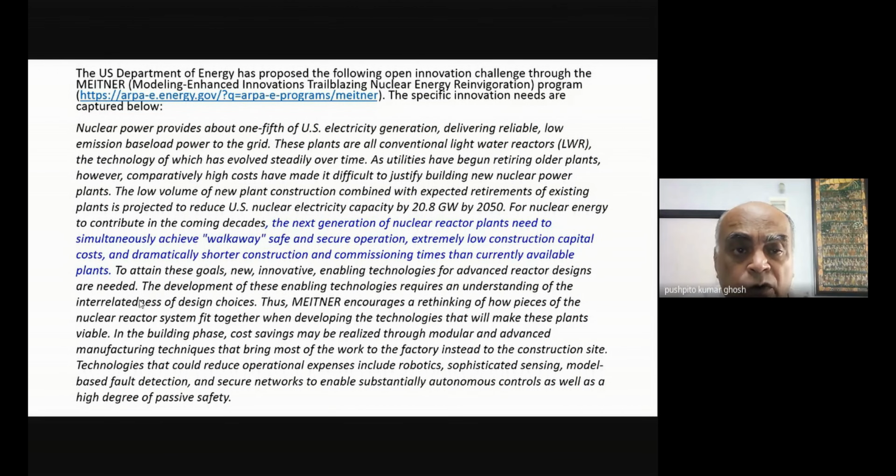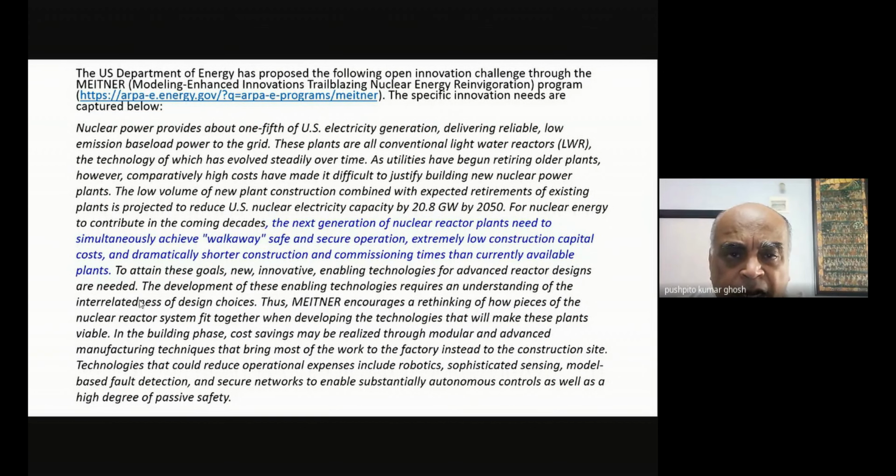Now, at the same time, people are also looking at how to make nuclear energy much safer, and also much less costly. These power plants are very, very costly to build, extremely costly.